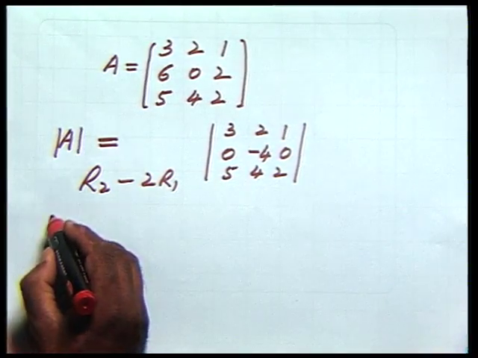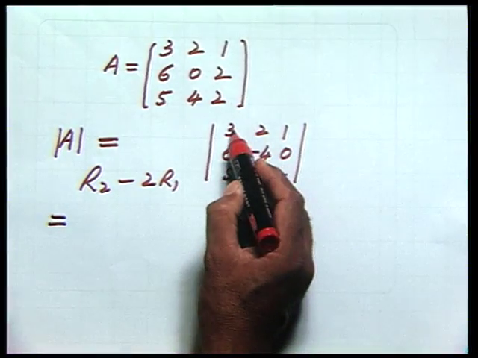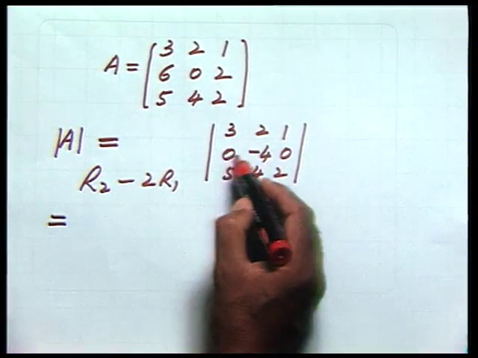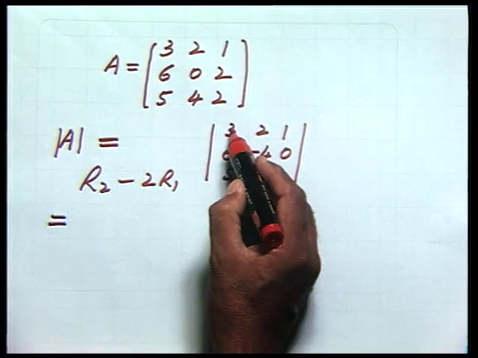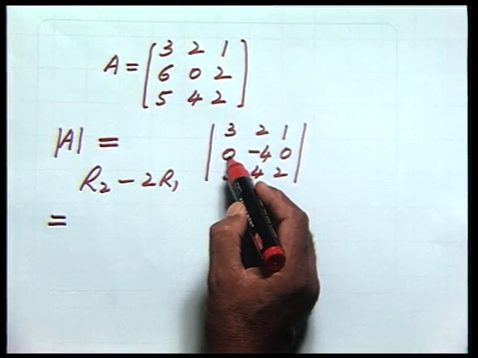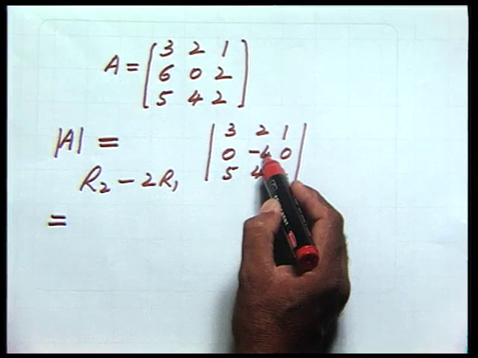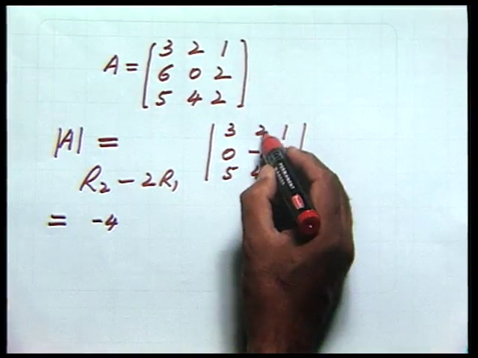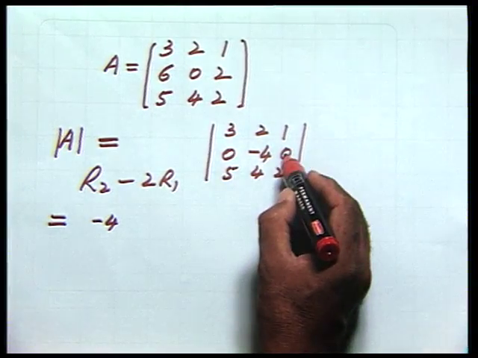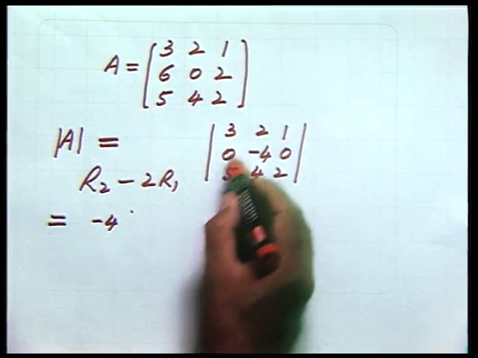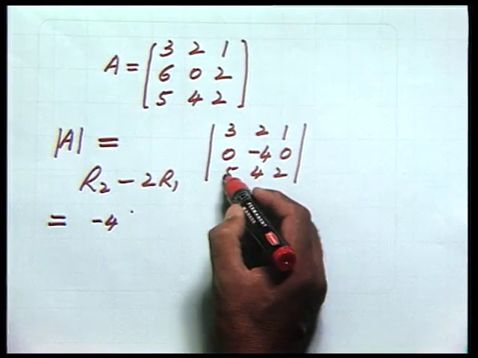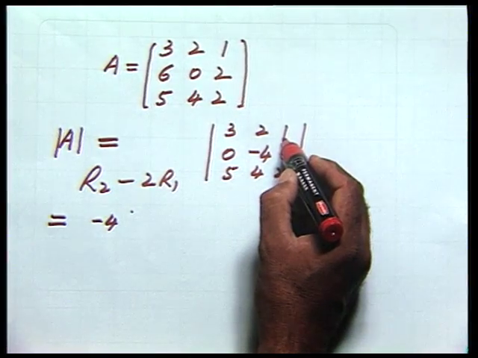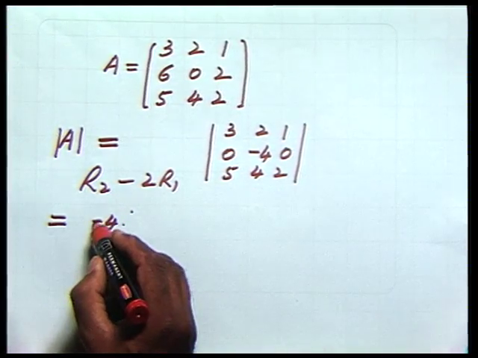What is the value in that case? We expand with this second row now, positive here, negative here, positive here. So, that means minus 4 with what? Overlooking this and this, you will be multiplying with 3 times 2 is 6, minus 5, which is 1. So, the value is minus 4.